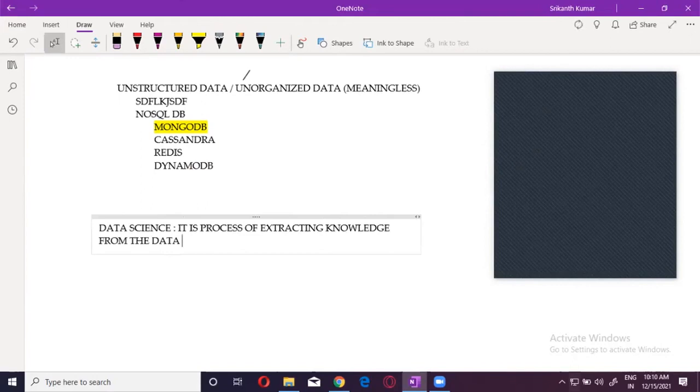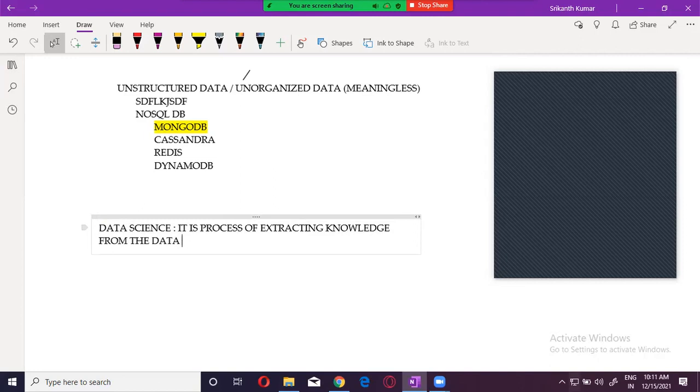By using scientific methods. That is called the process of data science. It is a process of extracting knowledge from data. Extracting the knowledge is the science, and data is the one you know now. This is what is used to extract knowledge from the data.